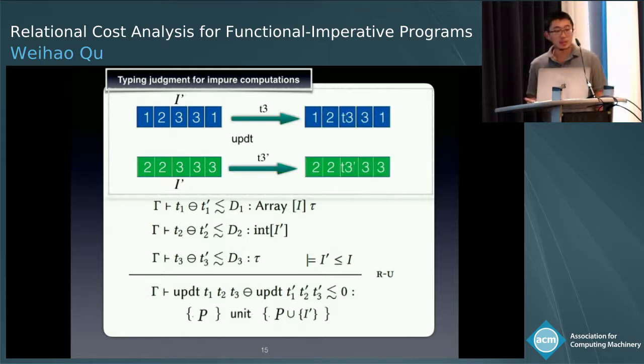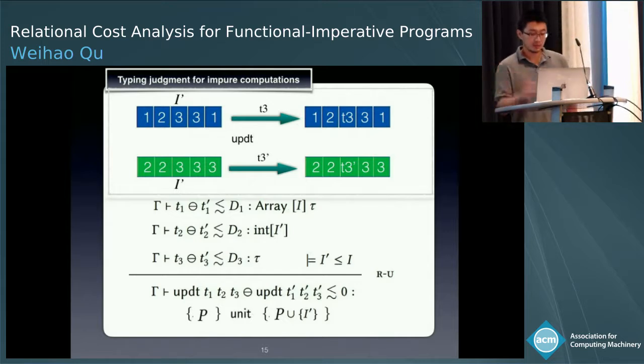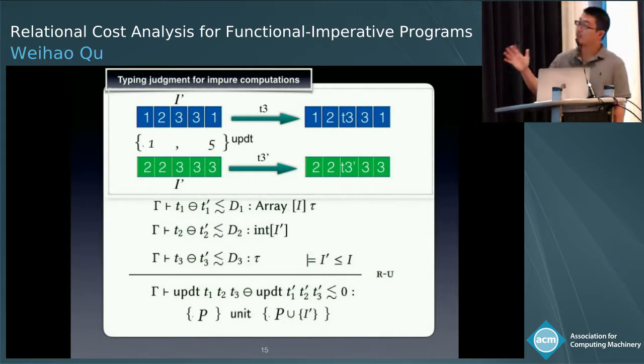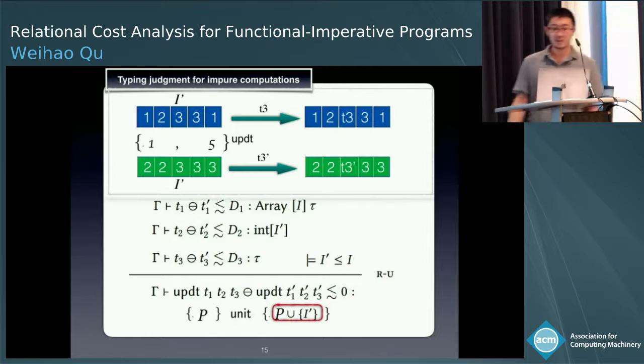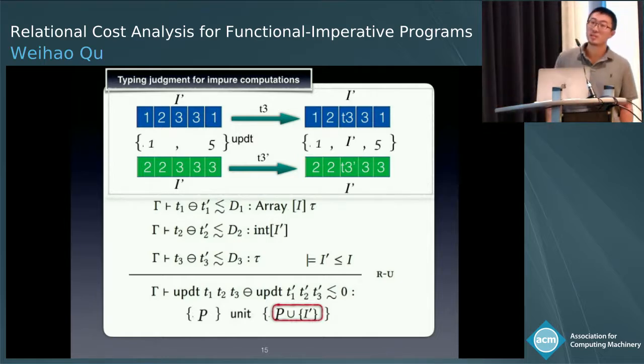We will use T3 and T3' to update. In this case, when we start from the precondition P, we have larger postconditions, because right now this i' will appear in the postconditions, because T3 and T3' may differ after the update.